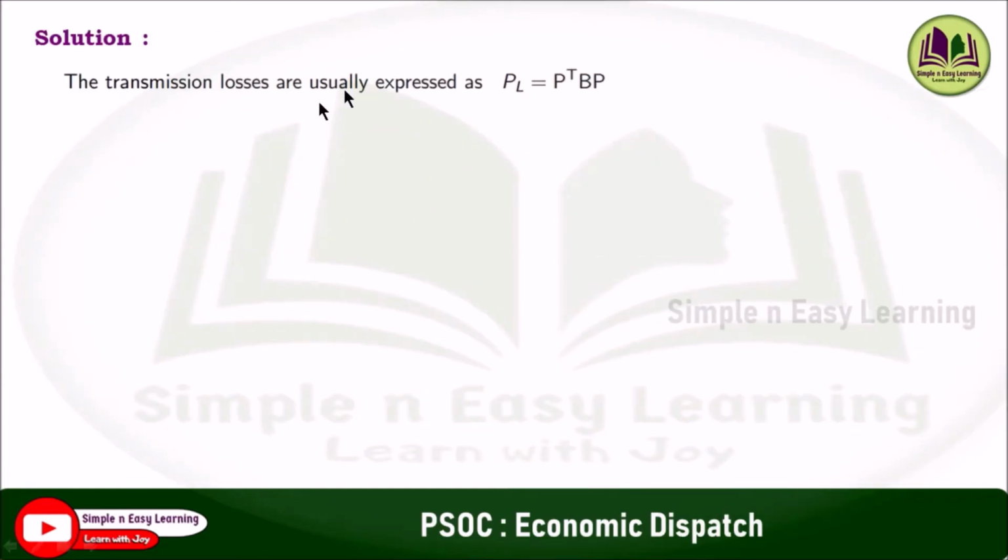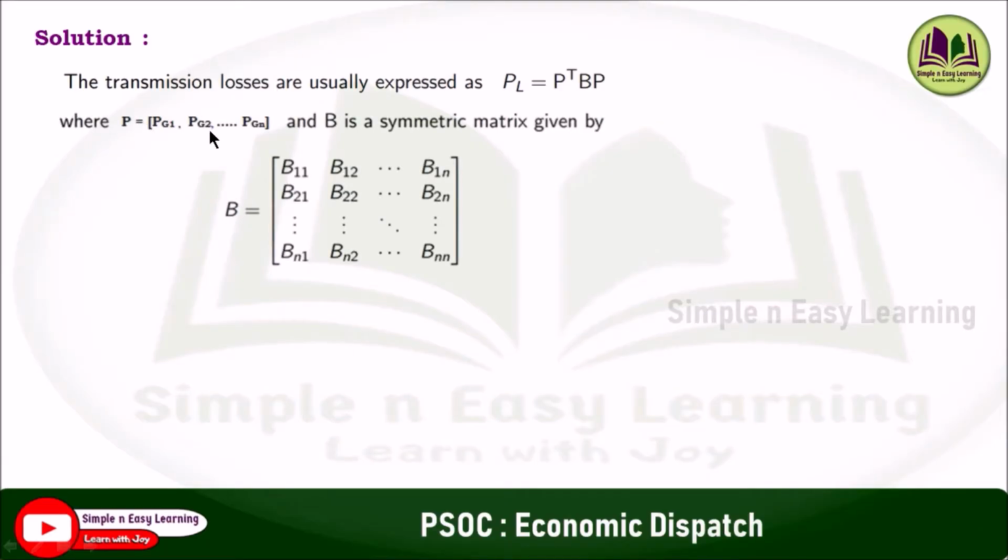The transmission losses are usually expressed as PL equal to P transpose B into P, where P is PG1, PG2 up to PGN, and B is a symmetric matrix given by B11, B12 up to B1n, and B21, B22 up to B2n, up to Bnn.